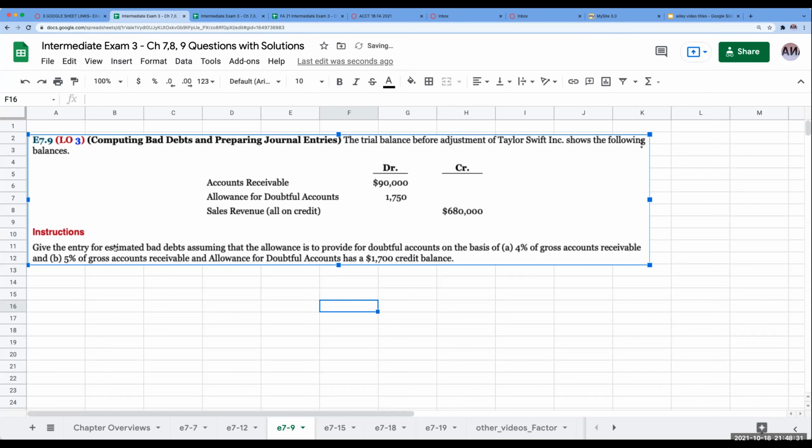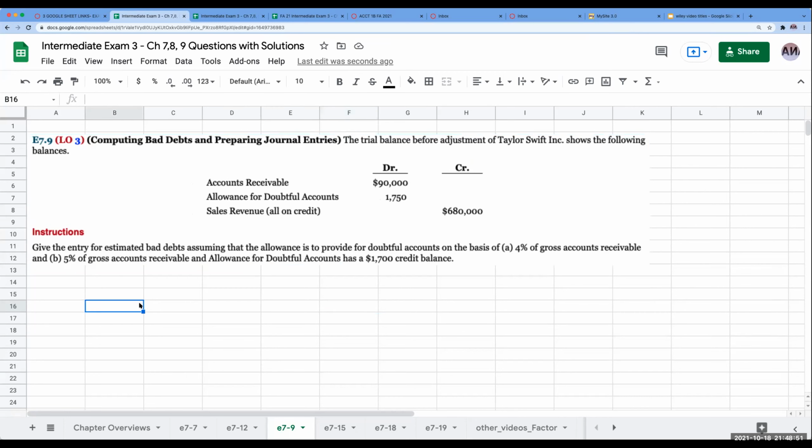Give the entry for estimated bad debts, assuming that the allowance to provide for doubtful accounts is on the basis of 4% of gross accounts receivable, and then 5% of gross accounts receivable, and the allowance for doubtful accounts has a $1,700 credit balance. Okay, so let's take a look.